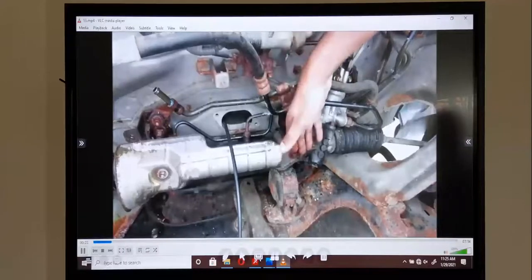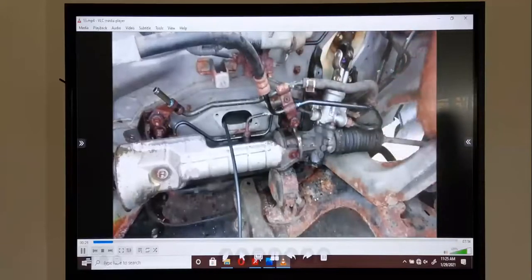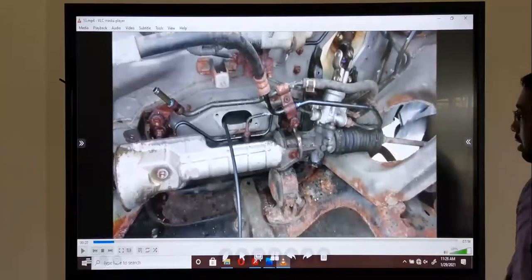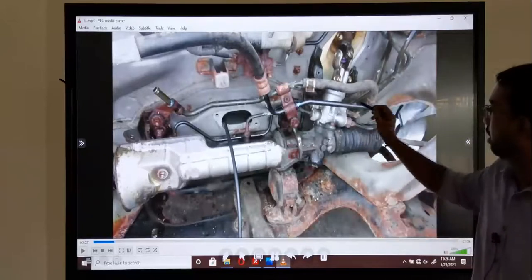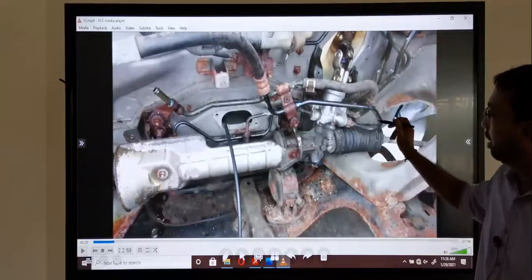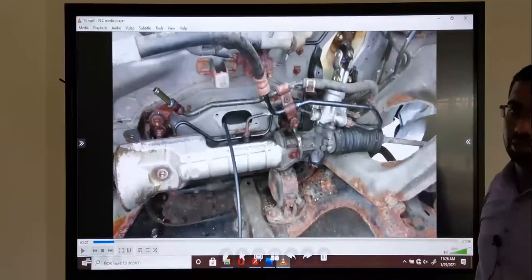So this is a control valve. On the control valve you can see two lines. One is a high pressure line.